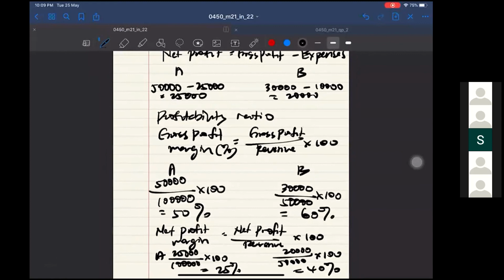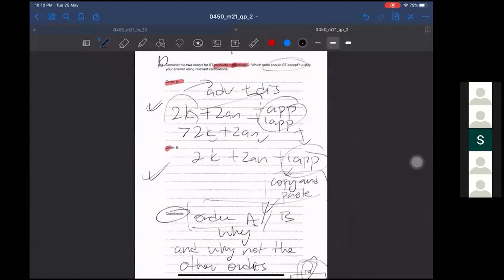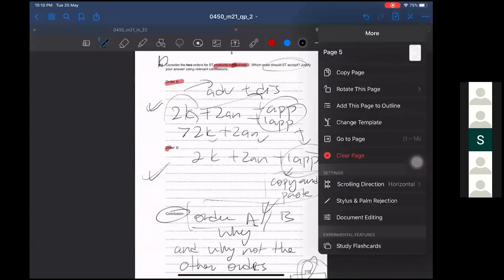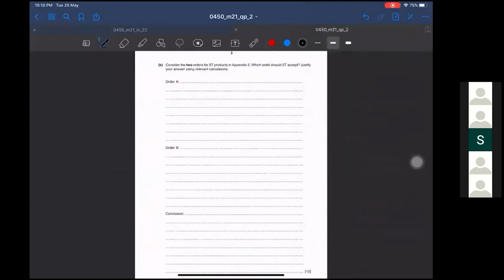Just calculate, you can get up to level 2, and level 2 can give you up to 8 marks, with one factor given. Now, we have all the calculation. So how do you write it? Very simple. Based on your calculation, you just write what happened on it.